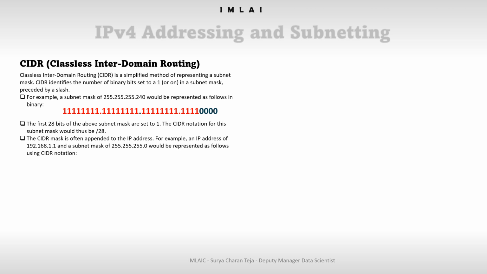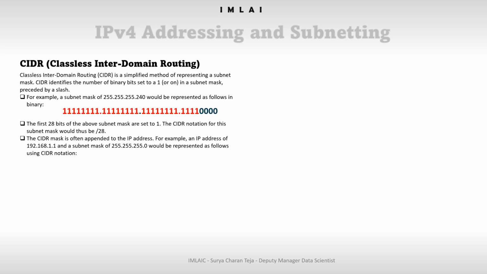In this example, we'll consider 192.168.1.1 as an IP address, and let's take a subnet mask of 255.255.255.0. This is our subnet mask. Now with this subnet mask, let's see how we can represent the IP address with the CIDR notation.